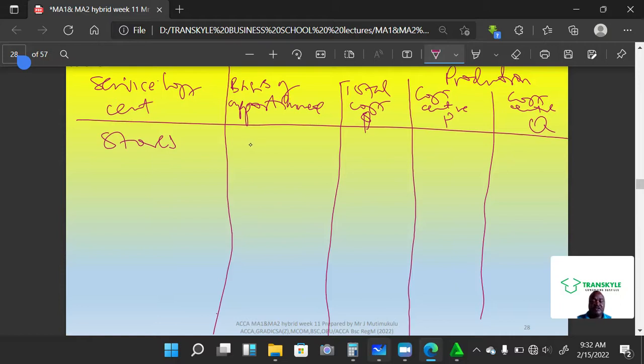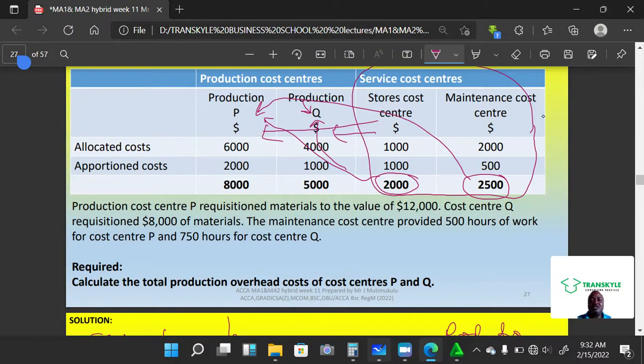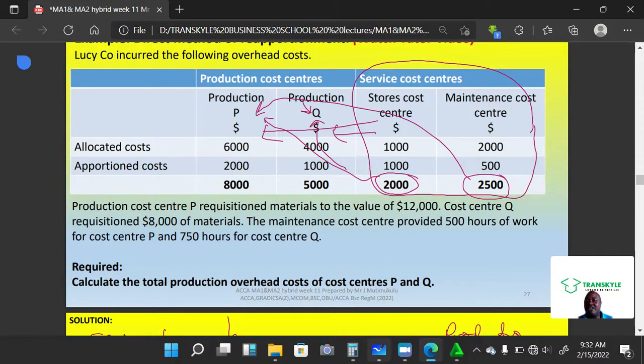The stores, the basis of apportionment for stores, according to what do you think is the basis of apportionment? What do we get from the stores? Usually from the stores, we don't get soft drinks to treat ourselves during breakfast or lunch. No, we don't get those things from the stores. What do we get?